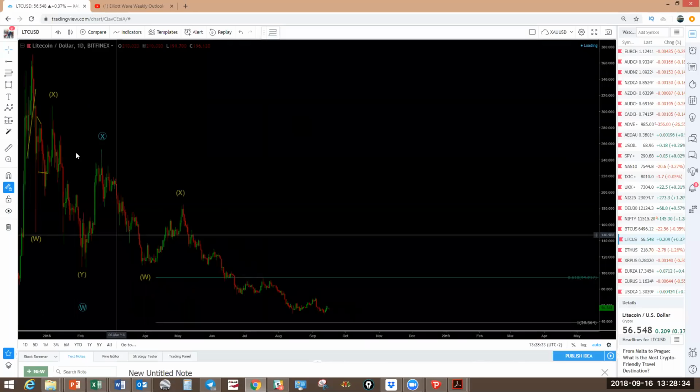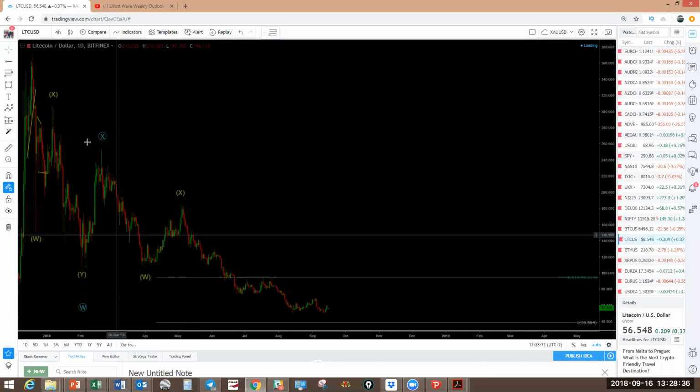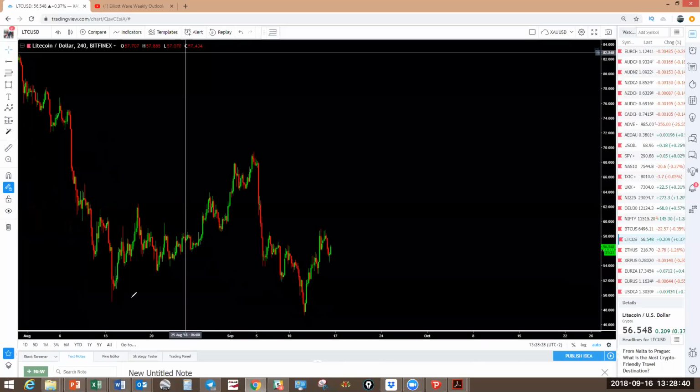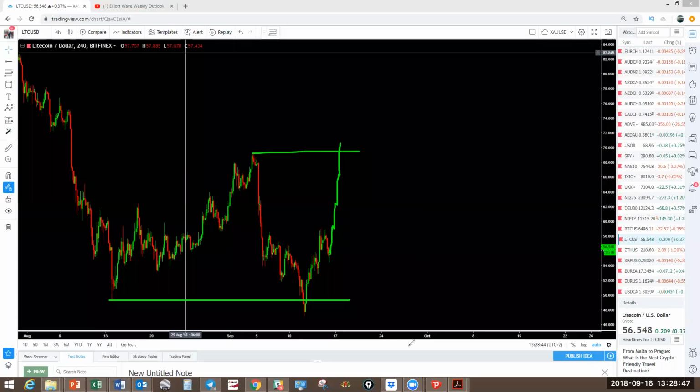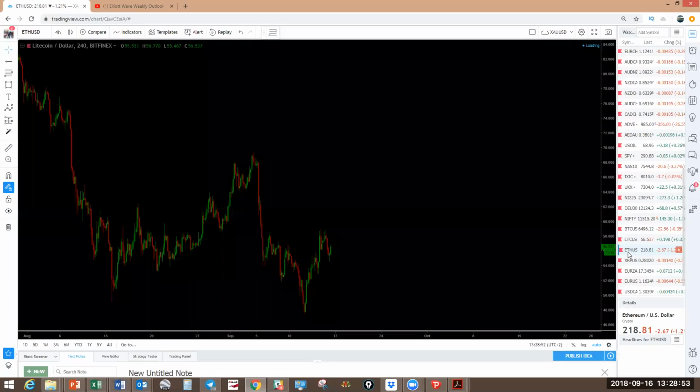We've got a pulsing move to the upside. It has tagged the low. It tagged this low, and pushed up. So this could be coming back to this level before the drop. All right, so that's Litecoin.